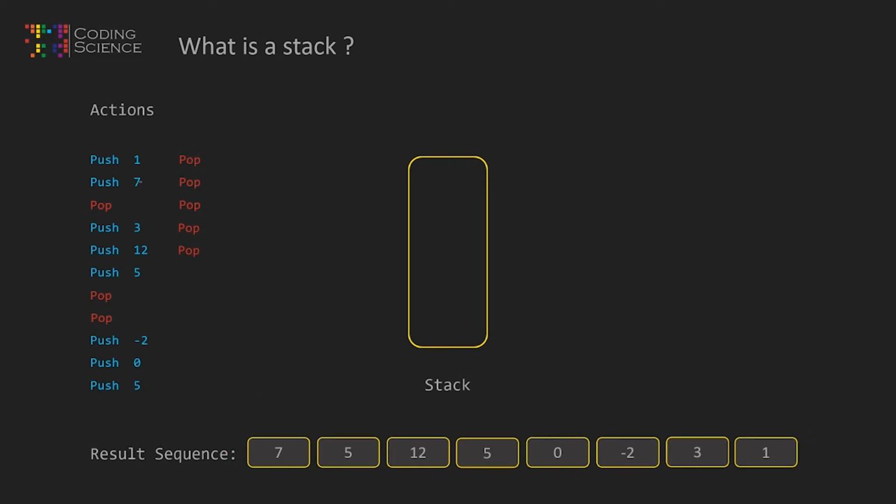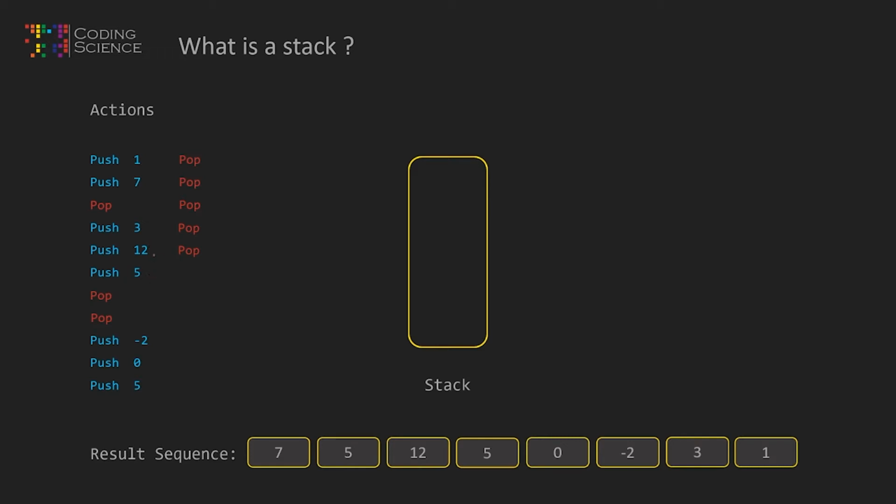So as you can see here, we got a sequence starting with 7, because it was the last element inserted at the moment of the pop. Then we inserted 3, 12, and 5. And at that time, the last element inserted was 5. So when we popped, we got 5.